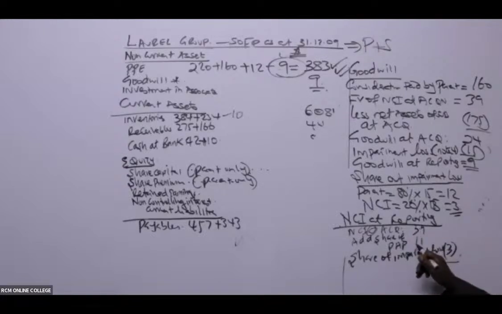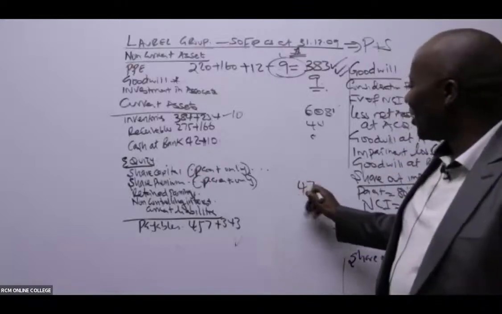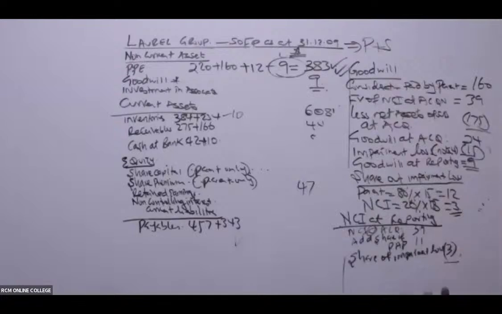So 39 plus 11 minus 3 gives me what figure? Yeah, great. So we are getting a figure of 47. So non-controlling interest is 47. We forgot the impairment loss, yes.